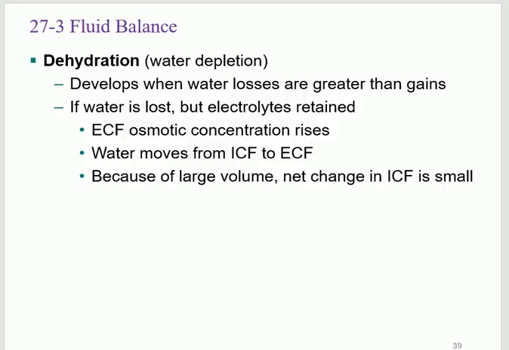Dehydration. What's D? D means low. So dehydration is low water, right? If dehydration occurs, it means the balance does not exist anymore. It's no more balanced. We're supposed to gain 2.5 and lose 2.5. What if you don't drink much water?